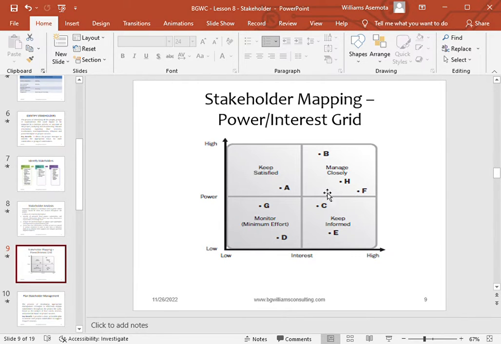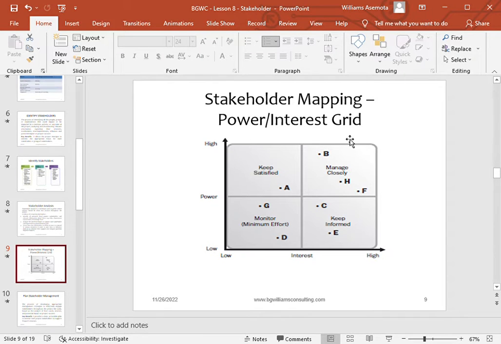But you now see stakeholders B, H, and F. They may be the directors, the MD, the ones that have both high power and high interest. The sponsors, those that will release the money for the project, technically have high power and high interest. All right, so you can see that this is like mapping your stakeholders, classifying your stakeholders.